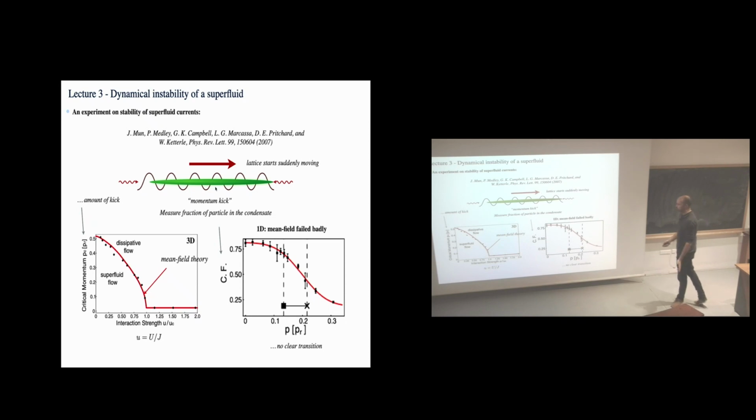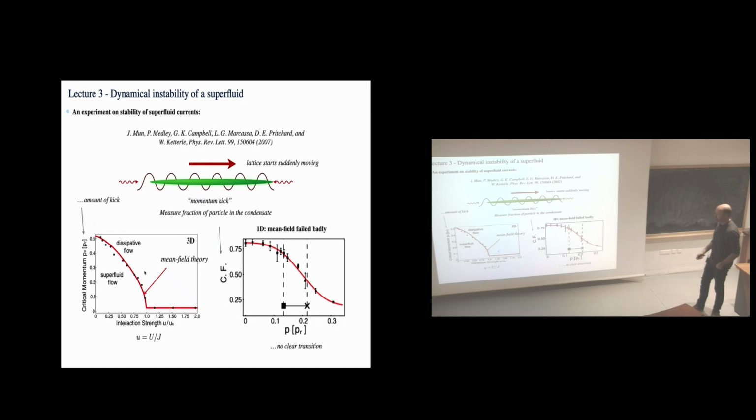Of course, they then turn off all the optical traps, do the time of flight, and measure how many particles are in this one condensate mode. They check, depending on how strong the interactions are and how much they kick the system, whether this Bose-Einstein condensate, this superfluid, is going to survive.